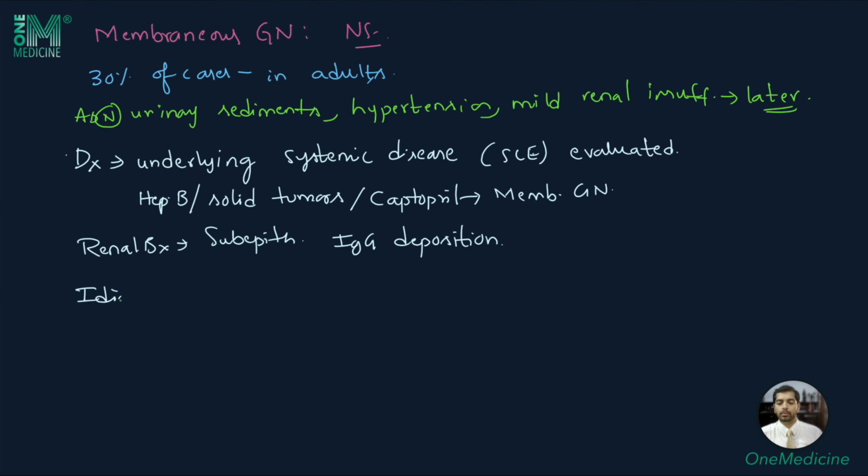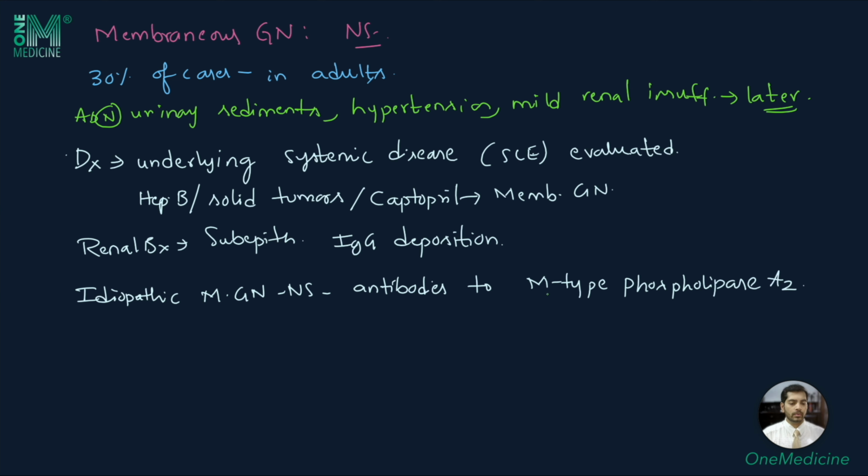Patients with idiopathic membranous glomerulonephritis causing nephrotic syndrome can have antibodies to the M-type phospholipase A2 receptor, which is expressed by podocytes. This antibody is written as anti-PLA2R antibody.